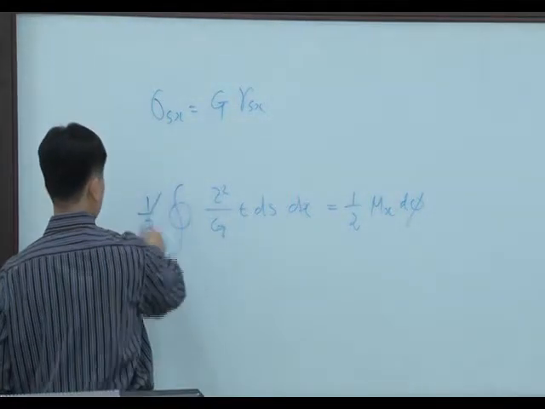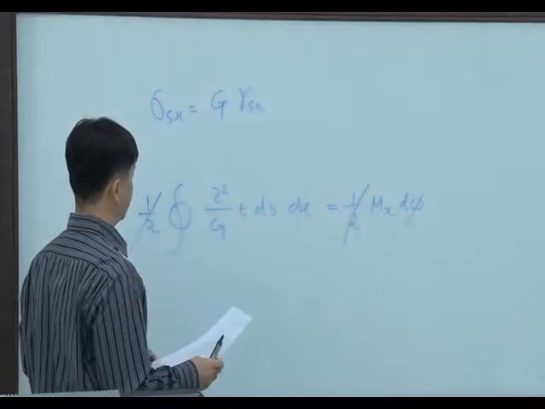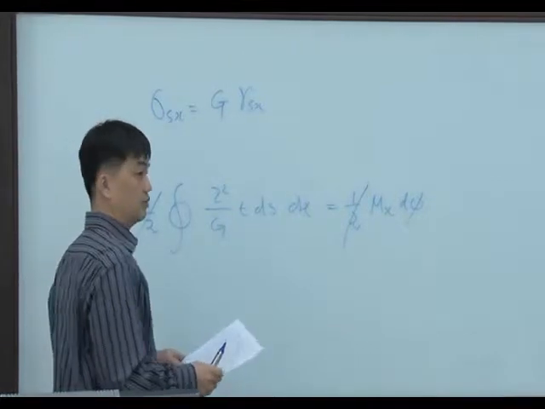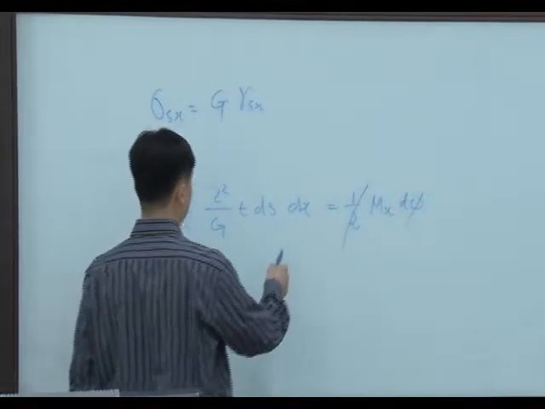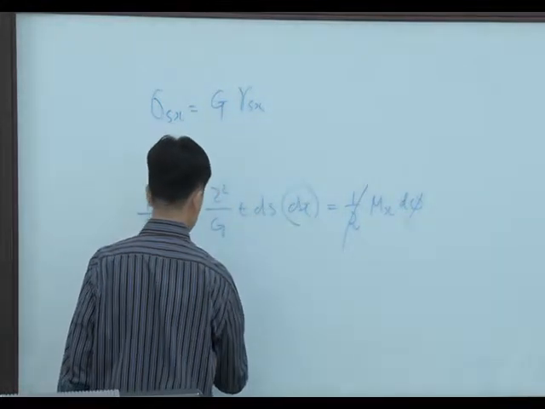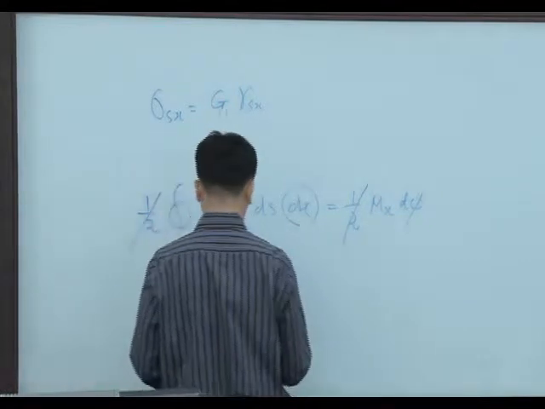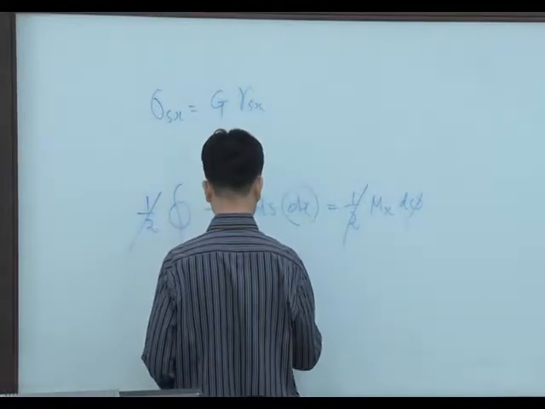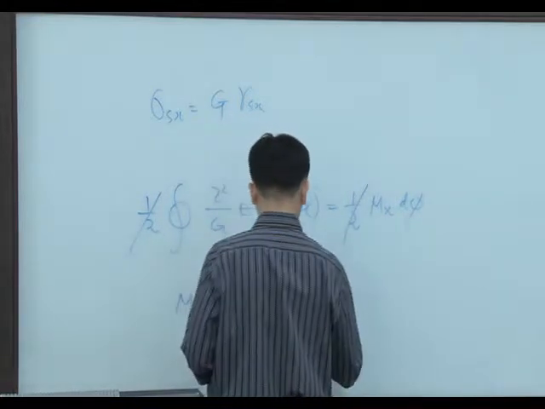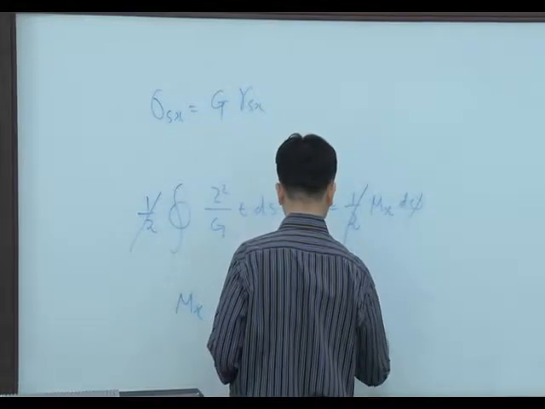Here let's delete 1/2 and divide both sides by dx. Then Mx d phi over dx becomes the integral of tau squared over G, t ds.